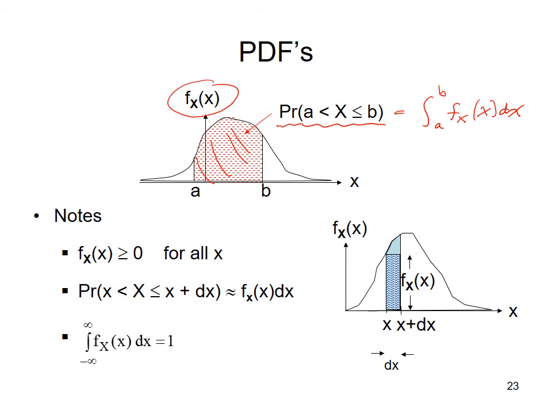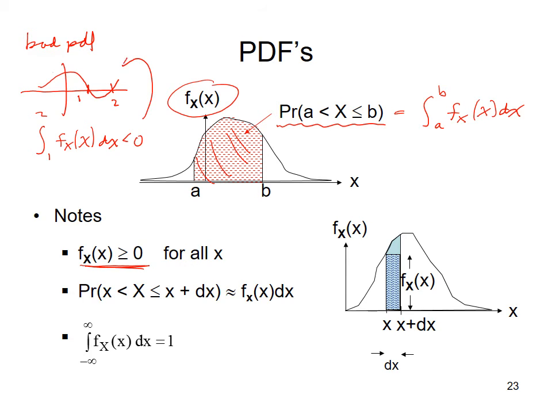A couple of notes about probability density functions. One is they had better always be non-negative. And here's a bad example. Here's a bad PDF example. You don't particularly want to put this in your notes, but suppose I had a PDF that did this. Suppose this happened at 1 and this happened at 2. If I did the integral from 1 to 2 of this bad f_X(x) dx, it would be negative, right?